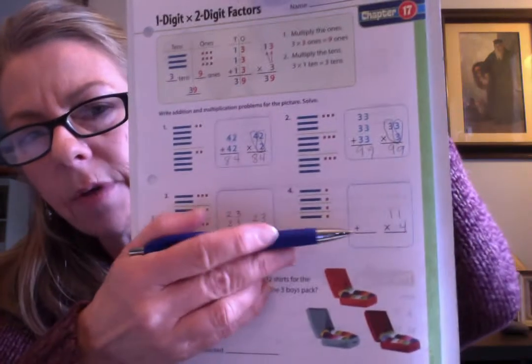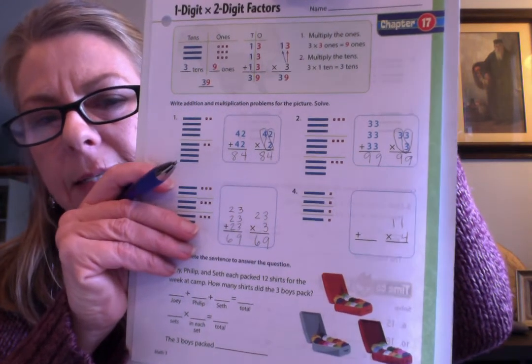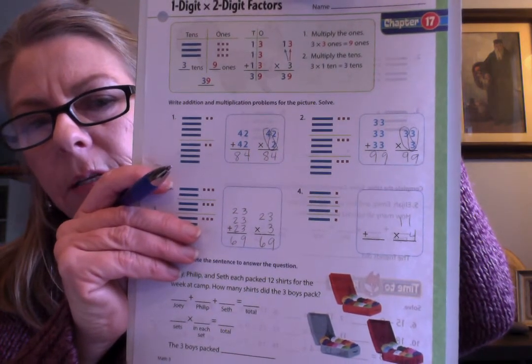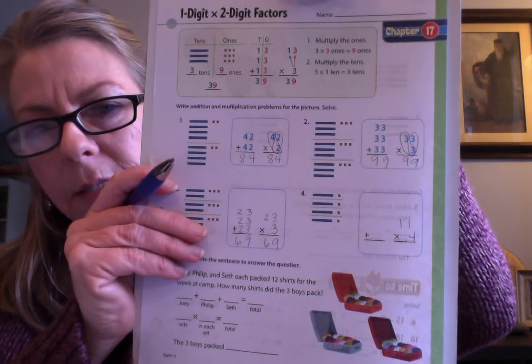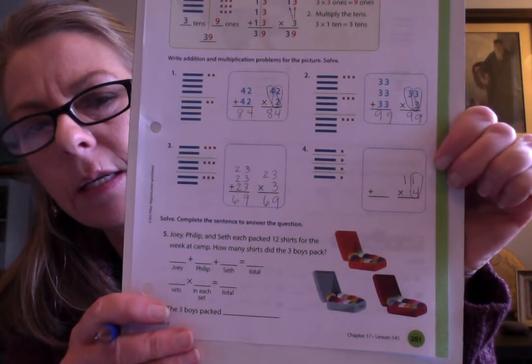Okay, so now I have 4 times 11. And let's think about what that first step is. So I'm going to take my multiplier and multiply by my ones. Okay, so I'm going to do 4 times 1, first of all. And 4 times 1 equals 4 ones.